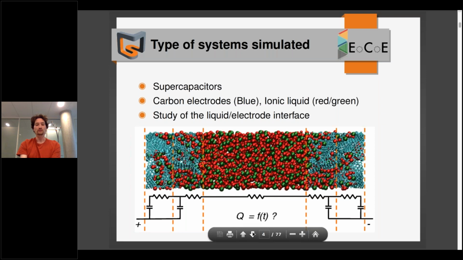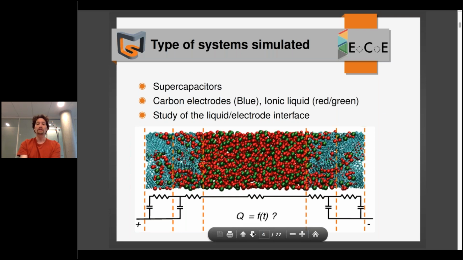The idea is the following: you have ionic liquid, the red and the green balls, as you can see, in which we put two electrodes, that's carbons, the blue structure on the left and the right, on which you apply a potential and a difference of potential between the two.